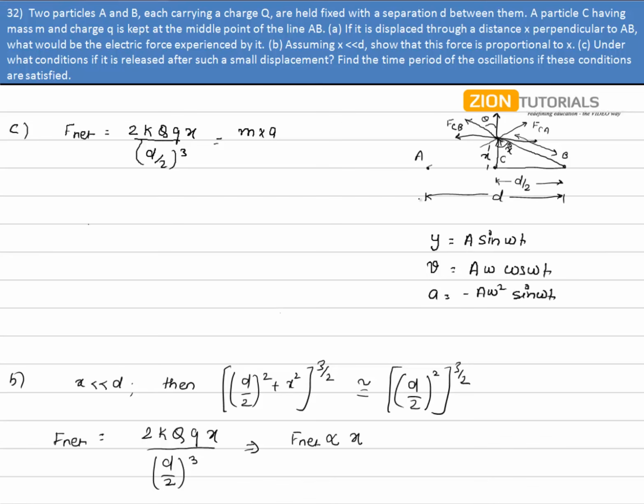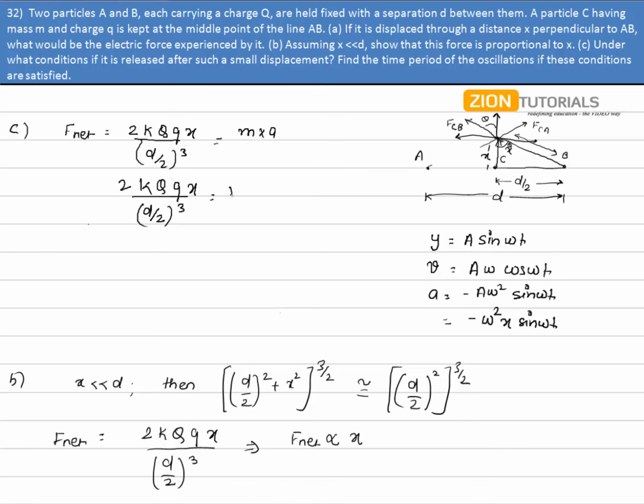So in case a particle is performing a simple harmonic motion, then the acceleration can be easily given by minus of omega square x sin omega t. Now in this case we have the maximum displacement, so the net force is given by 2 times K capital Q into small x divided by d by 2 whole cube.